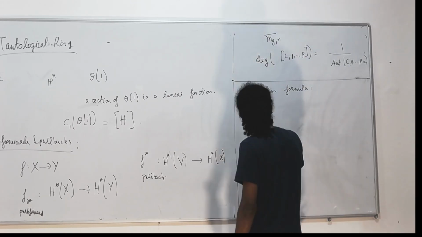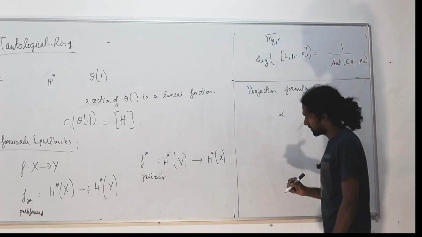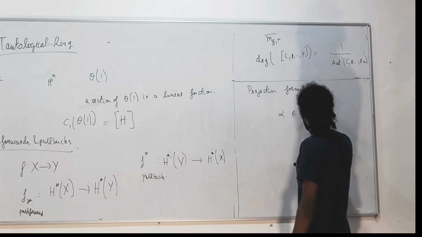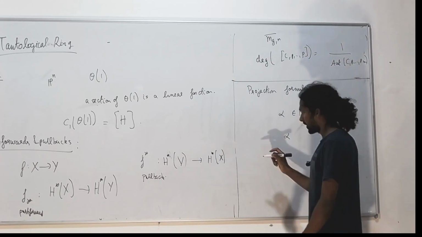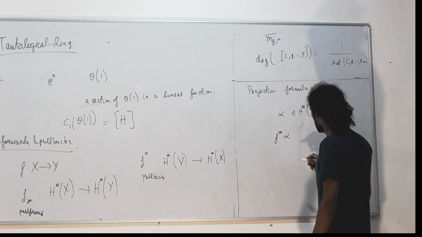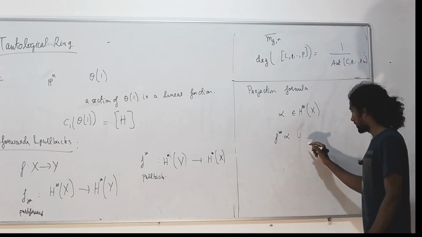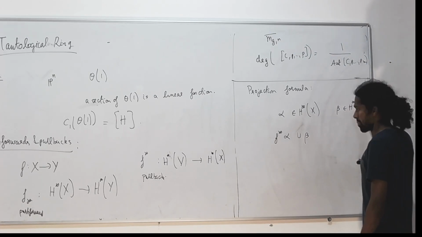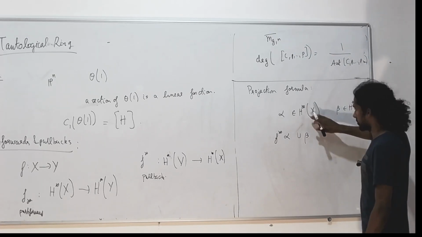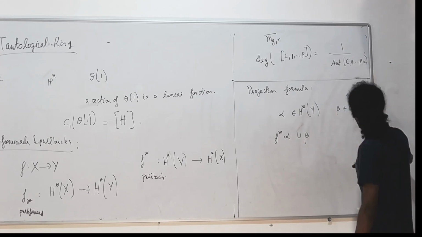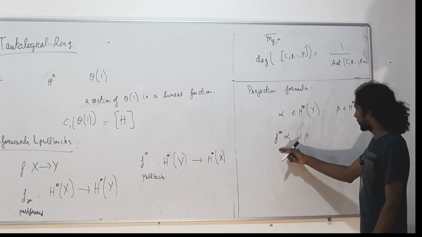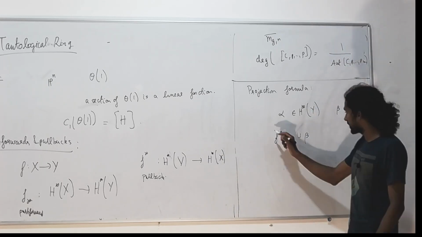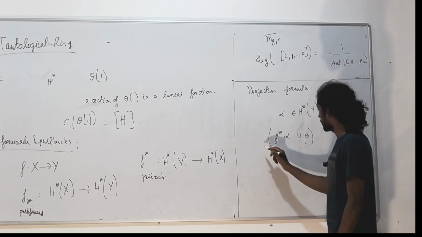Okay, I take a class alpha, let's say on X. I pull it back along f. I cup it with another class beta that lives in Y. So I pull it back to X, I cup it with another class here, and then I want to take the push forward of this whole thing.